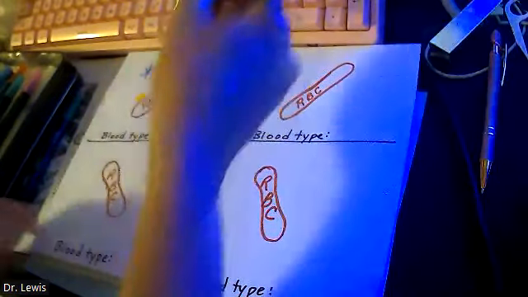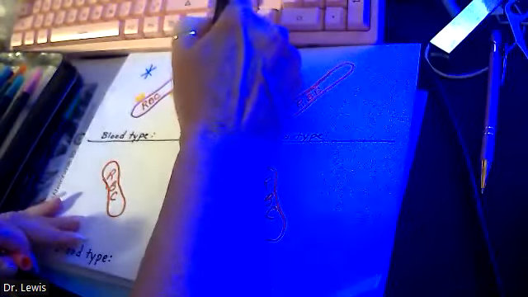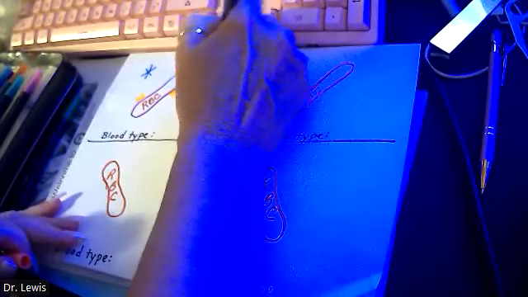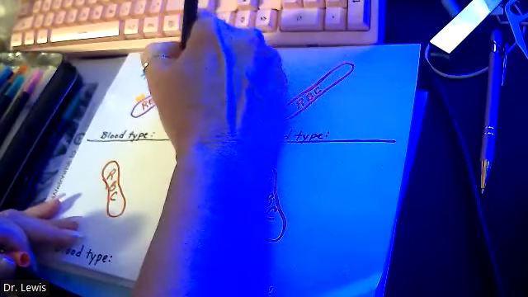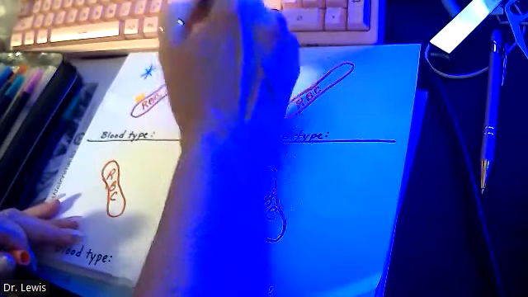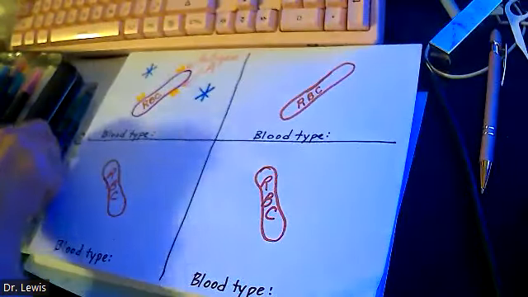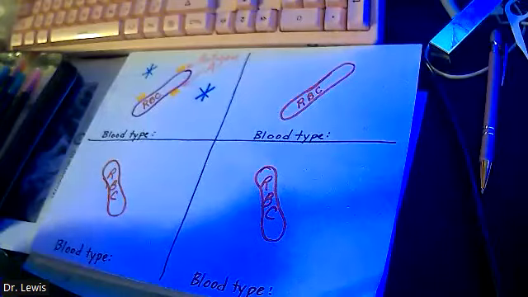Let's write that. Okay. And then we're going to put the anti-B antibody in this blood.